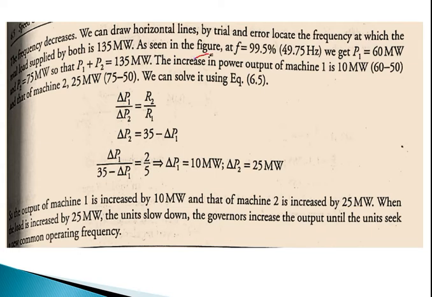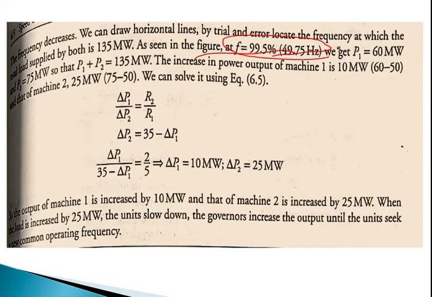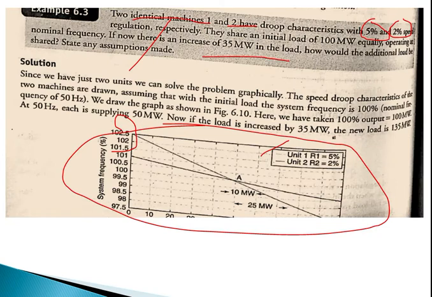For the first frequency, it is 49.5 hertz, that is 100%, meaning 0.05 droop, because here the 5% characteristic means the speed will decrease by 5% and increase by 2%. So that is 102.5 and 100, and P1 is 60 megawatt and P2 is 75 megawatt. How do we get P1 as 60 megawatt? From the graph you can observe that.